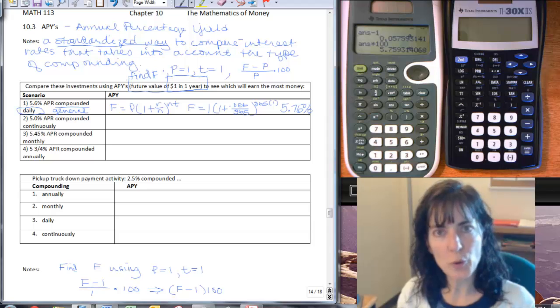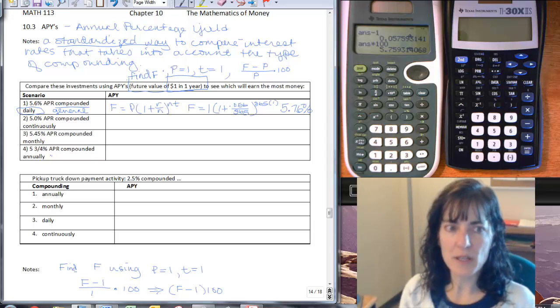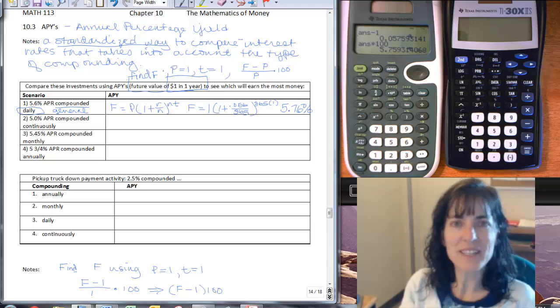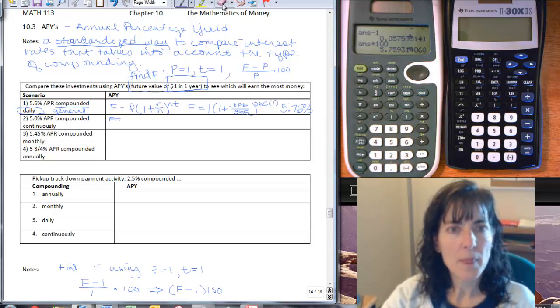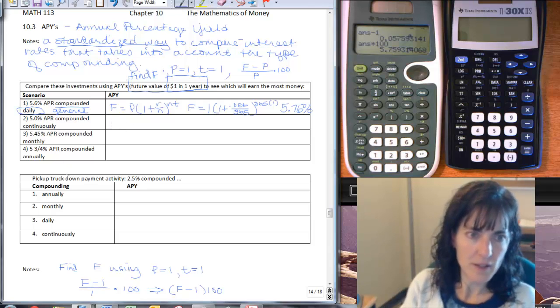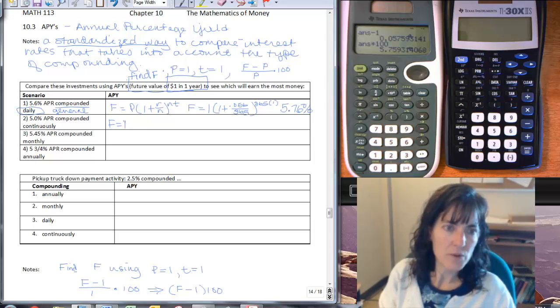All right, I want to show you one more, and it's good because this one's compounded continuously, so we'll go ahead and do that one, and then I'll have you try out a couple. So 5.0% APR compounded continuously, so the formula I'm going to have to use is F equals P times E to the RT.